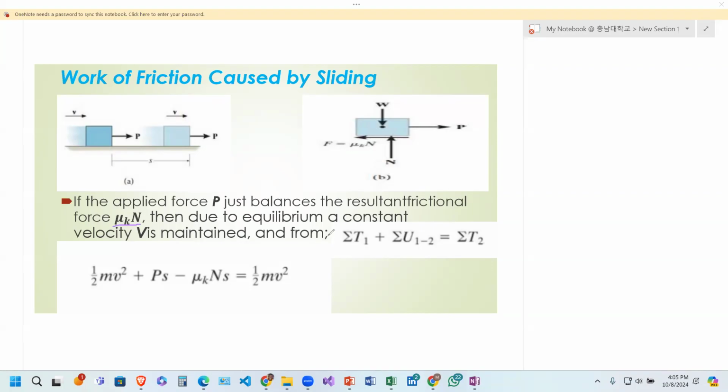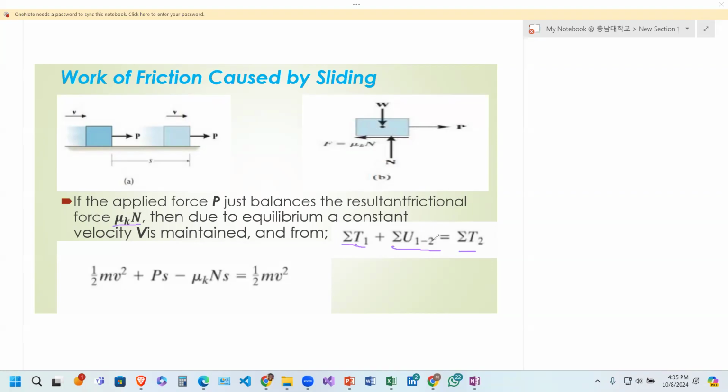And remember from the principle we've just seen, the initial kinetic energy plus the work done, now the work done by the friction force, is the same as the final kinetic energy. This is V1 and this is V2.